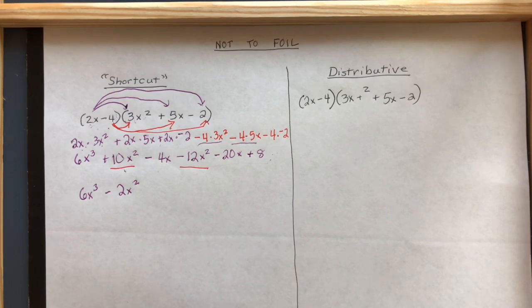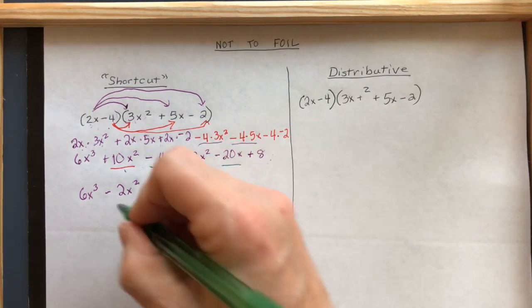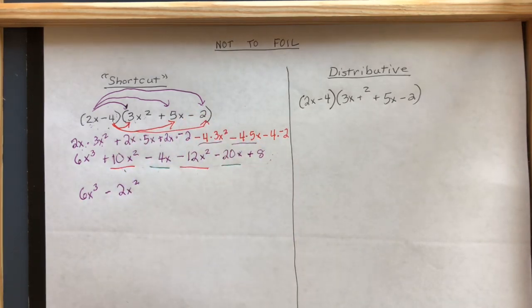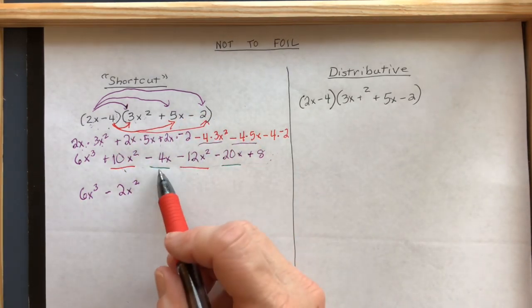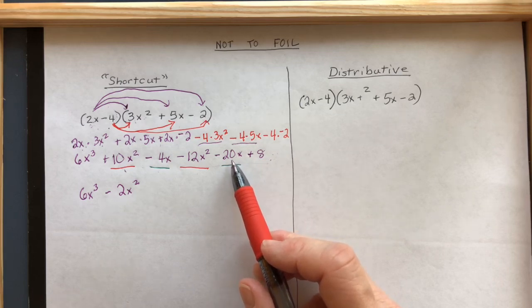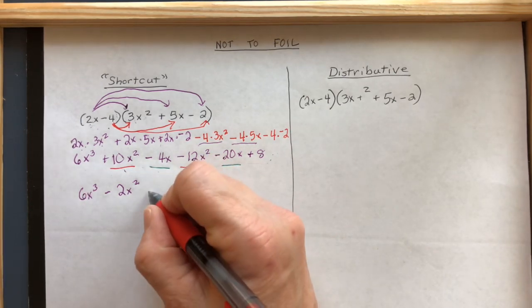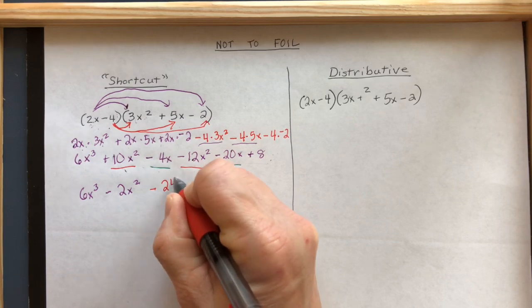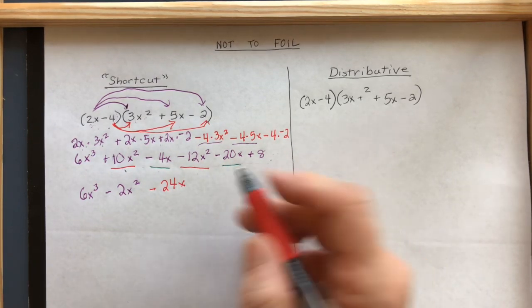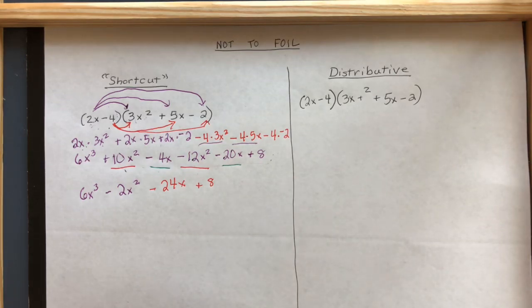Then I'm going to look at my x terms, because I'm going in descending order. So now I want x to the first power. Negative 4x plus negative 20x should give me minus 24x. And then my last term is 8. So this is going to be my answer.